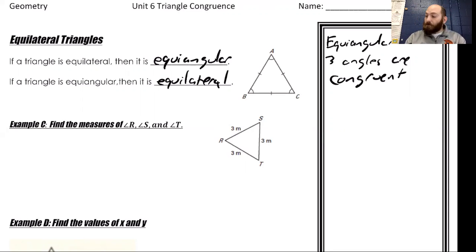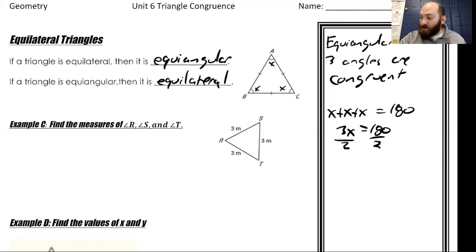Since all 3 sides are the same and all 3 angles are the same, it does not matter what kind of equilateral triangle I'm working with. If I apply my interior angle theorem, that all 3 angles add up to 180, which means 3x equals 180, that means no matter what equilateral triangle I'm dealing with, the angles are just 60 degrees.